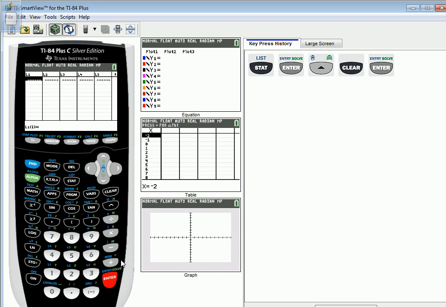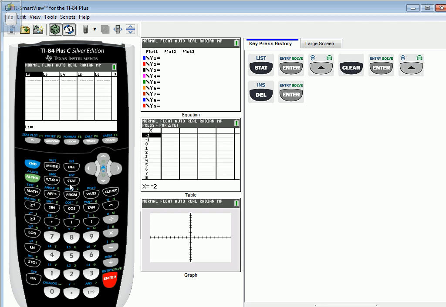Now, sometimes we forget directions, and we might arrow up there and go, okay, I want it to go away. Let's hit delete and enter. Then we're messed up because the whole column went away. So if you accidentally delete a column, it's real easy to get it back.